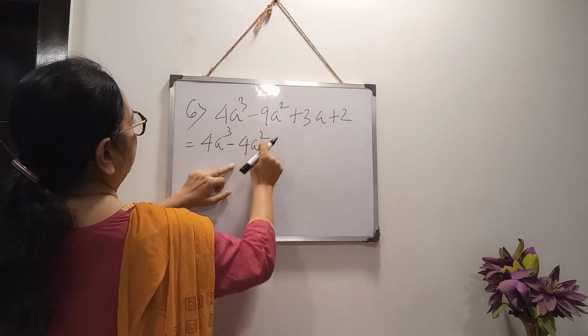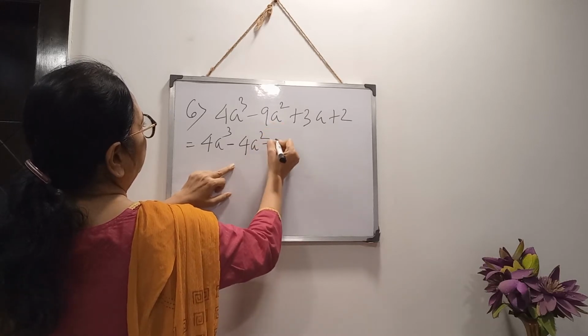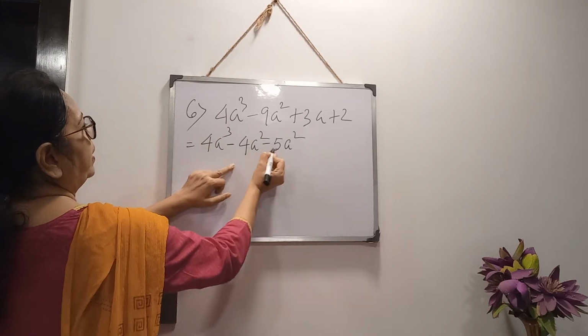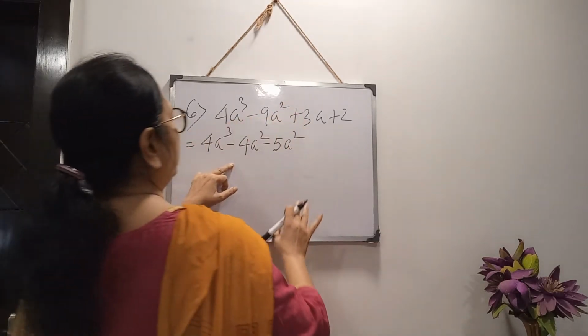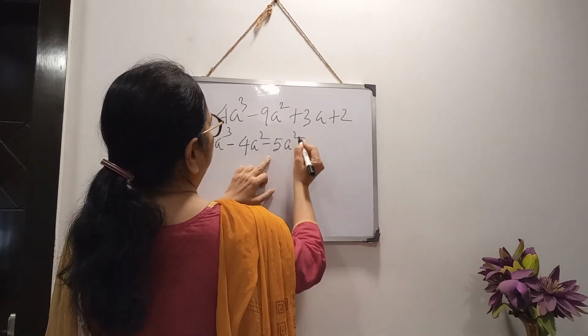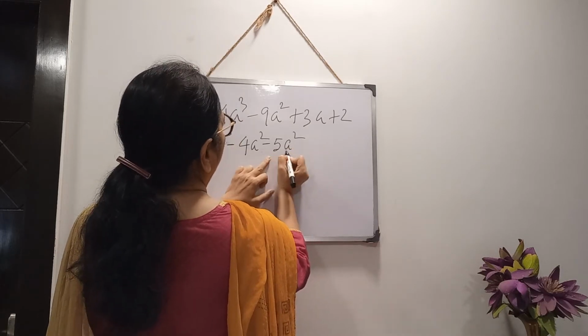Here I have taken 4a square, but there is 9a square. Clear? So minus 5a square is left. Now minus 5 minus 4, it is coming minus 9. A square term is over. Now again you have to take something common so that you will get a minus 1. So it is 5a square.